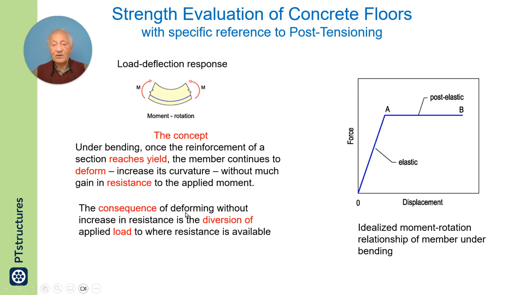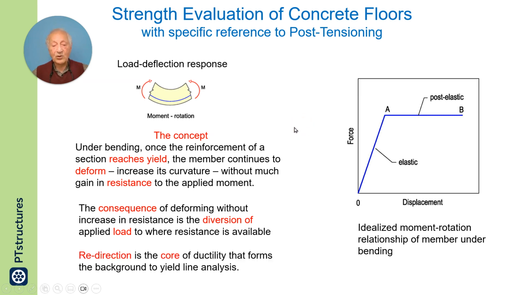The consequence of deforming without increase in resistance is the diversion of applied load to where resistance is available. It is argued that if the location of hinge formation cannot resist more load, if there is resistance available elsewhere in the structure, and there's a path to it, the load will be diverted to that location.